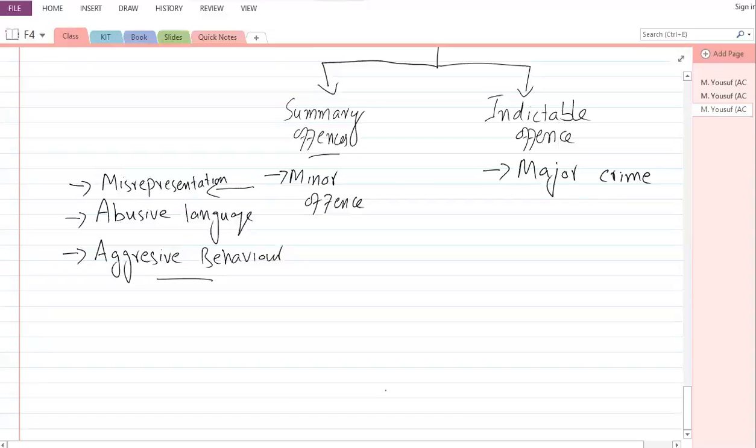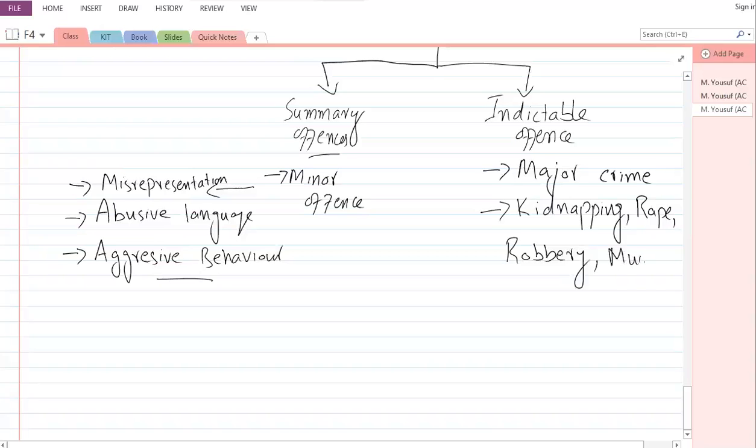Whereas there are some major crimes that are called indictable offenses. For example, they include kidnapping, rape, robbery, murder. All these crimes are major crimes and they are called indictable offenses.